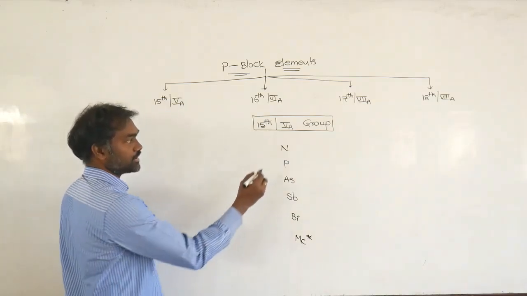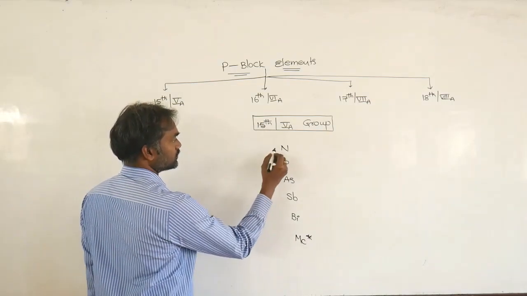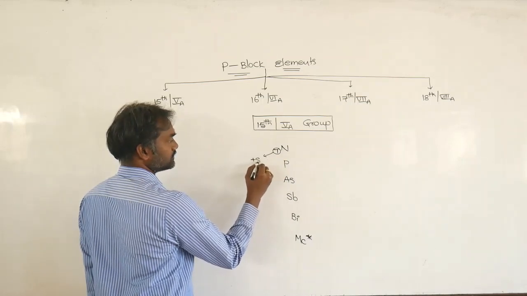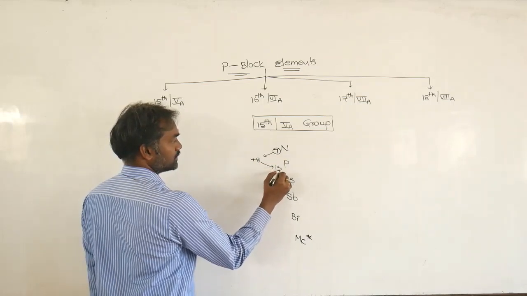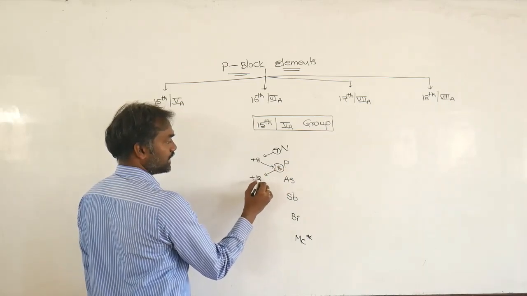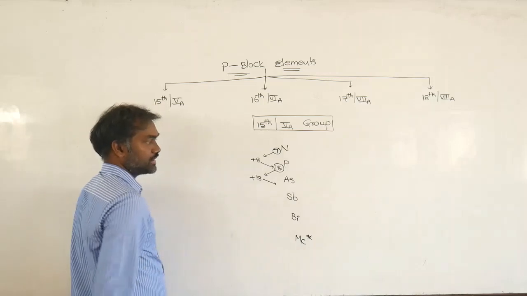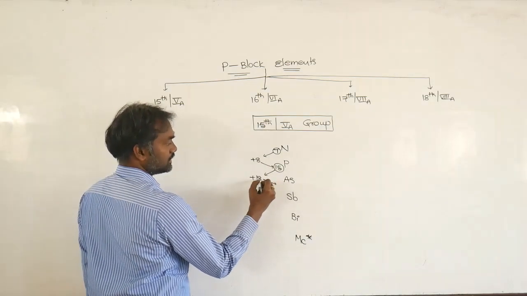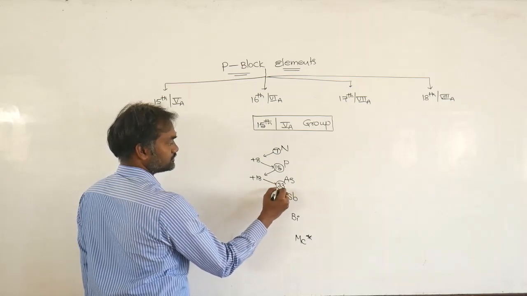If you see the atomic numbers, nitrogen is 7. You add 8, so phosphorus is 15. Next you add 18, so 33.